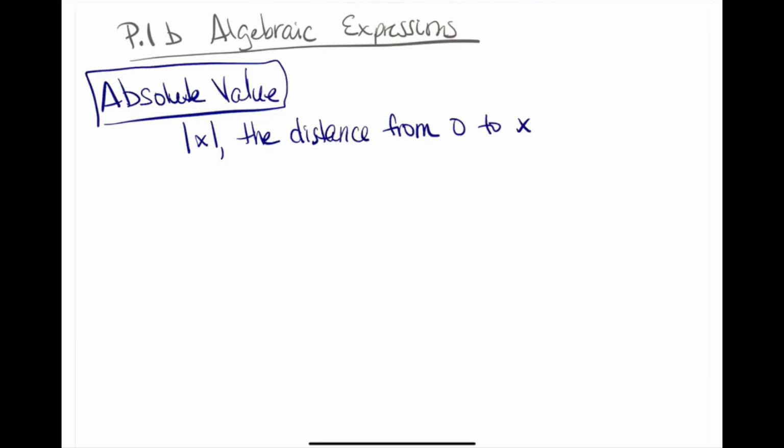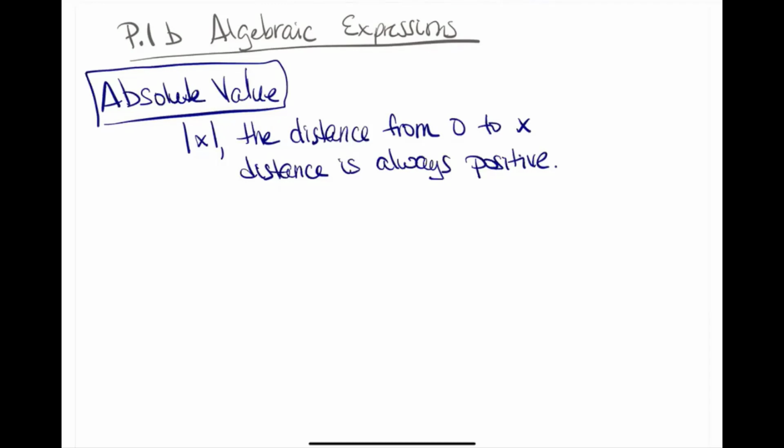So what do we know about distance? Distance always has to be positive, right? So why do we always make sure when we take the absolute value, we're taking the positive value? Because the absolute value is just a way of showing the distance from 0 to that number.